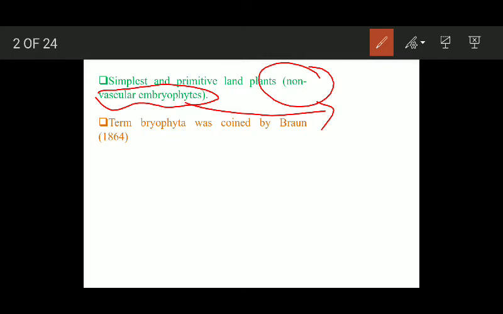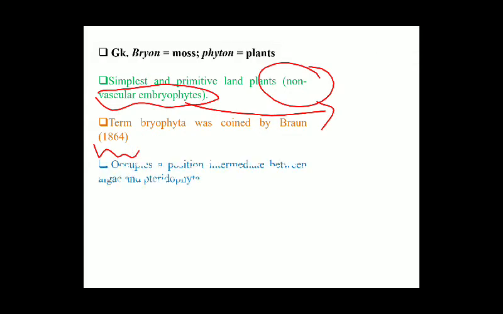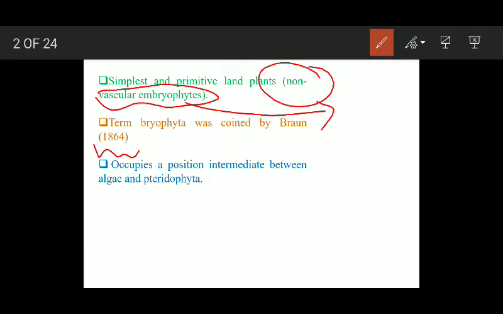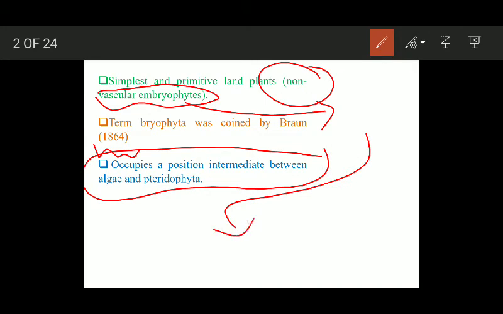The term Bryophyta was coined by Brown in the year 1864. Now, the bryophytes, in terms of their evolutionary advancement, they are placed between algae and pteridophytes.